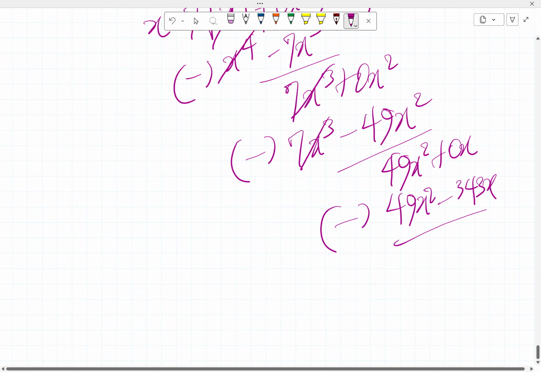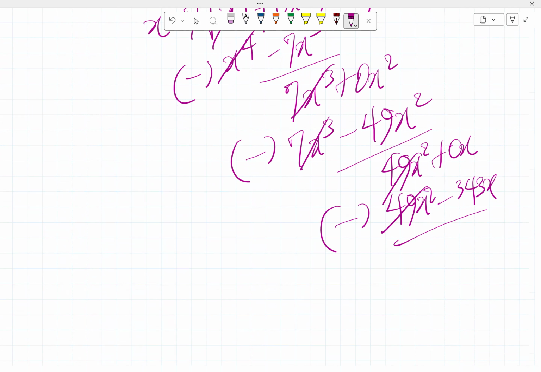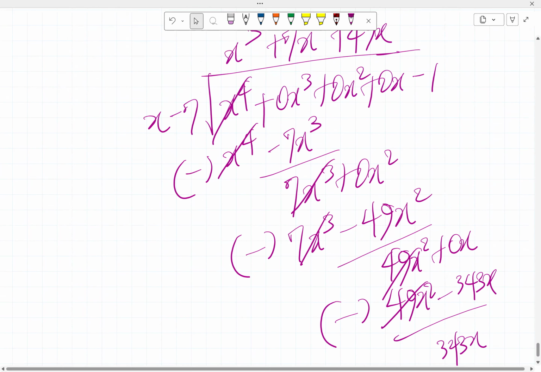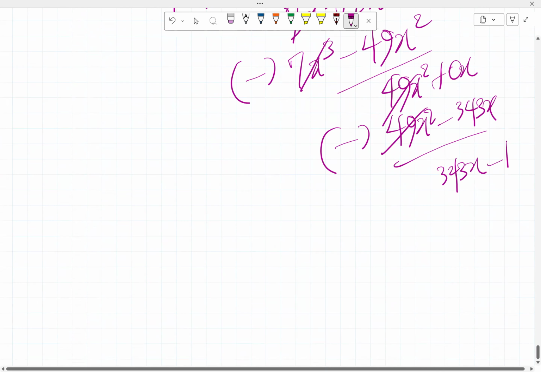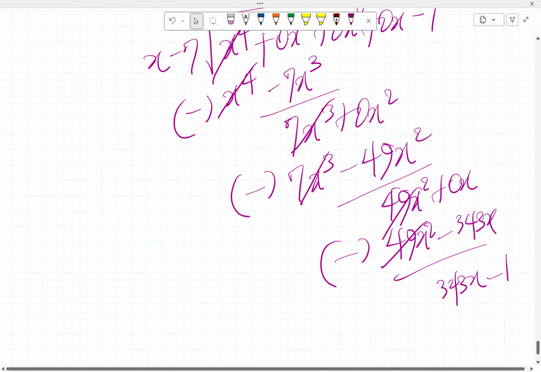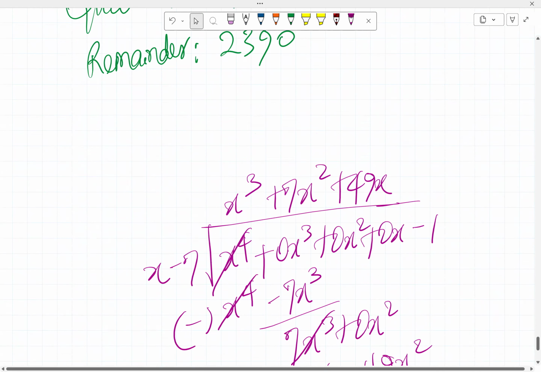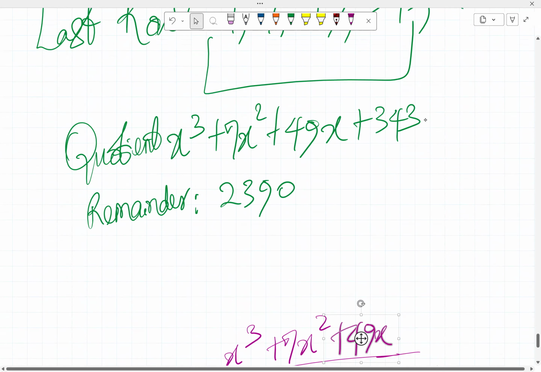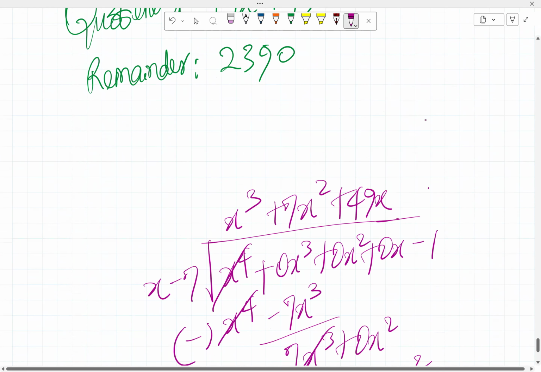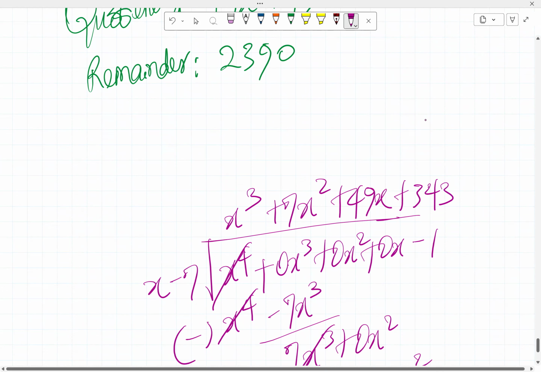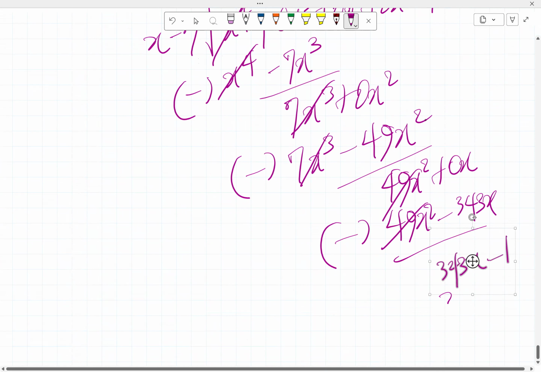So we subtract, this cancels out. So we have 343x minus 1. So x goes in 343x, that's plus 343, okay, making sense. So 343 multiplies that as 343x.